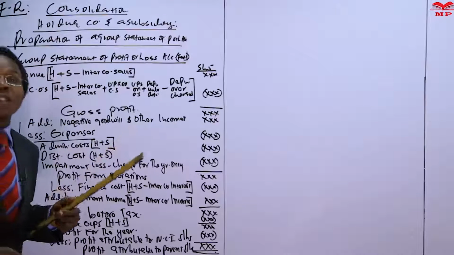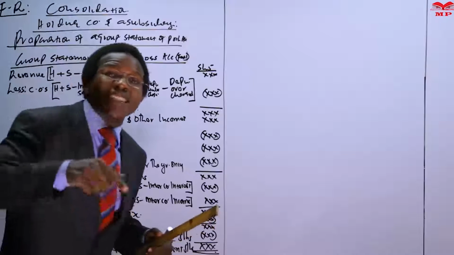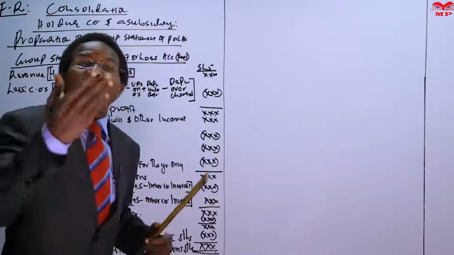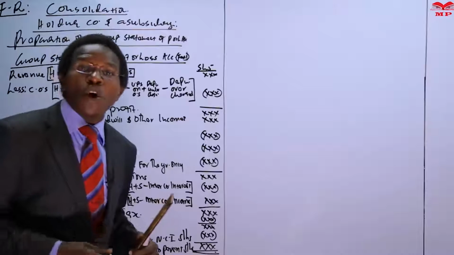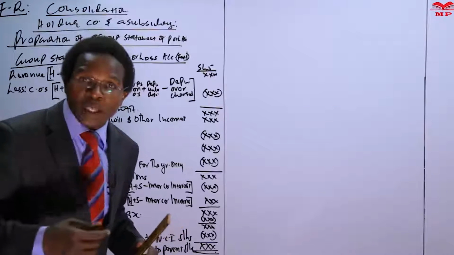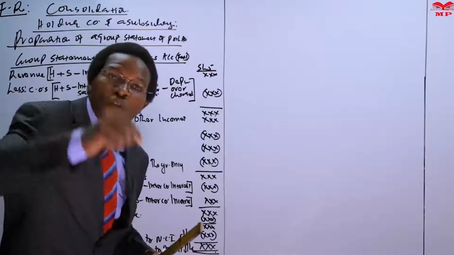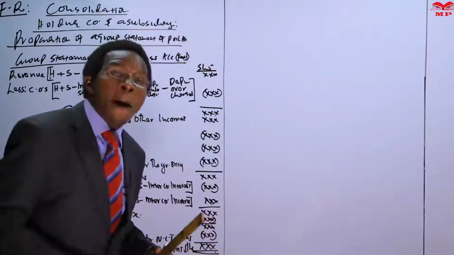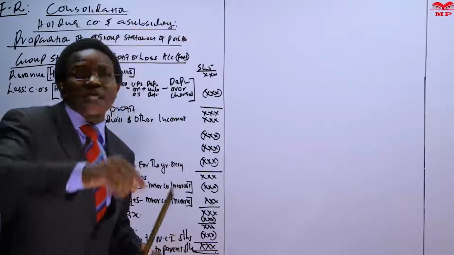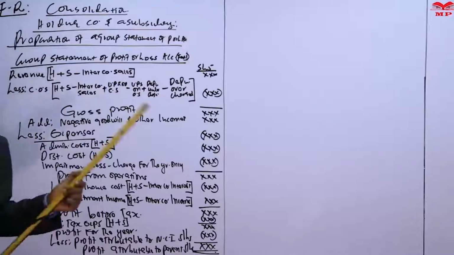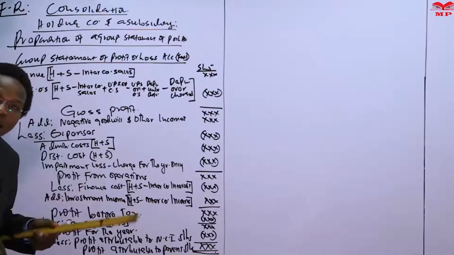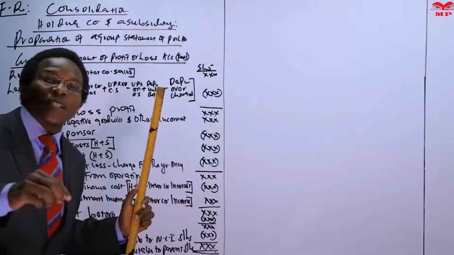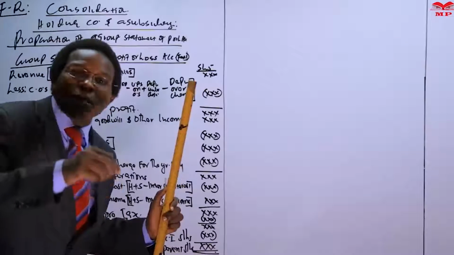If there was a depreciation that was overcharged or undercharged due to either revaluation surplus adjustment or intercompany purchase of PPE, then that depreciation must have overstated or understated the cost of sales. If there was a depreciation undercharged, then the cost of sales must have been understated.